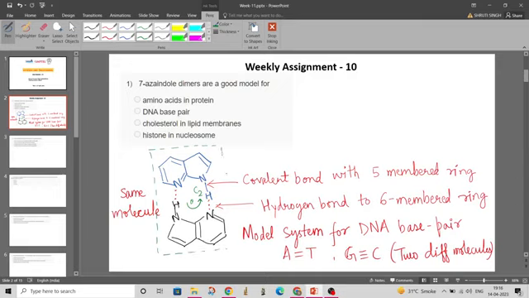So this is a sigma plane which is perpendicular to the C2 axis. So it is a sigma h plane. So this molecule has a C2 axis plus sigma h. So it has C2h symmetry.